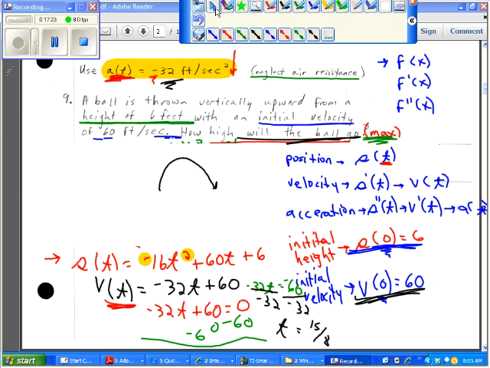So without having to do a lot of work looking for where it increases, where it decreases, is it concave up, concave down, we simply know that because it's a parabola with a negative a, it's going to be facing down. So this thing is concave down. It's increasing over here. It's decreasing over here.